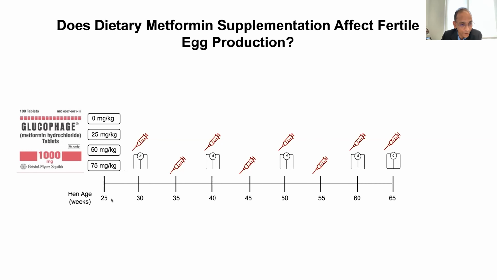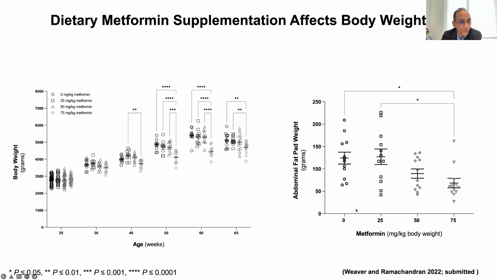So we fed the animals a diet containing metformin from 25 weeks to 65 weeks. And what we found is this, okay? So the body weight that we measured, from 20 weeks to 65 weeks, you can see the body weight starting to go down even around 40 weeks of age compared to 25 to 75 milligram.